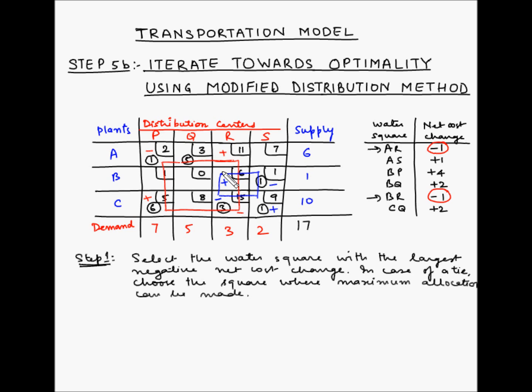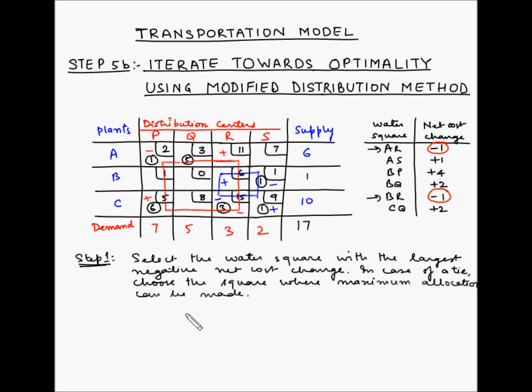Now what is the maximum that we can subtract from AP and CR? Now AP has an allocation of 1 unit while CR has an allocation of 3 units. So since we can't subtract more than 1 unit from AP, or else the allocation will become negative, which is not feasible, the maximum we can allocate to AR is 1 unit.